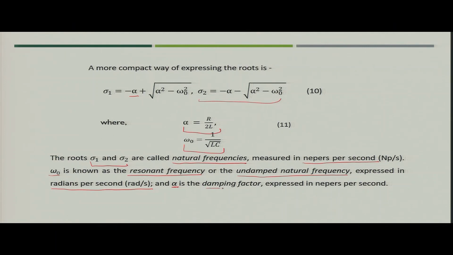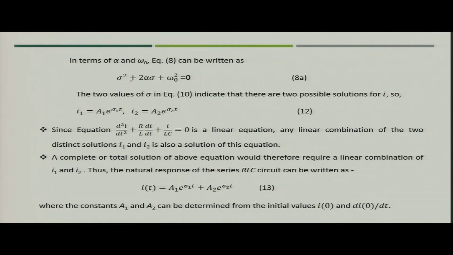Alpha is the damping factor, which is again expressed in nepers per second. So, when you see this characteristic equation, if you put the value of alpha and omega naught, it will be simplified as sigma square plus 2 alpha sigma plus omega naught square is equal to 0. Now, this indicates that there are two possible solutions.